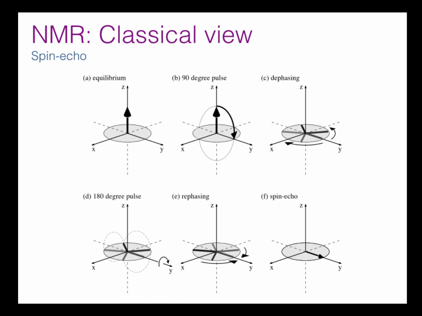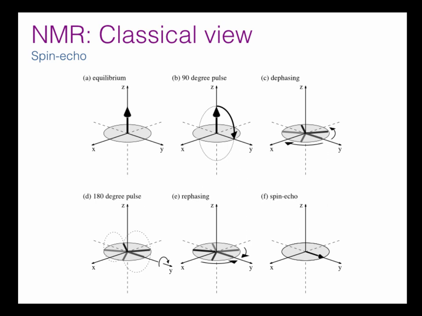One more technique I wanted to introduce at this point is something called the spin echo, which you may hear of, where you initially excite the magnetization with a 90-degree pulse, and as I said before, the spins will decay by T2, but they'll also decay faster because of the T2 star dephasing effect.